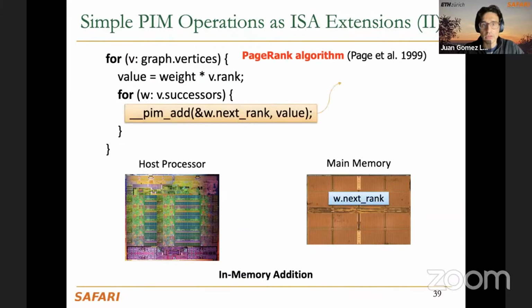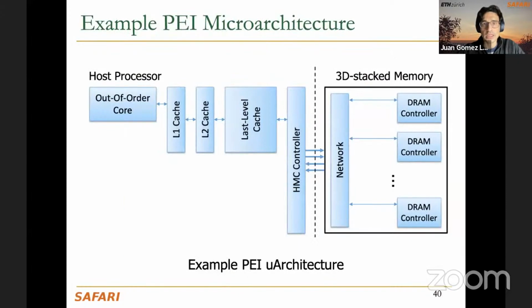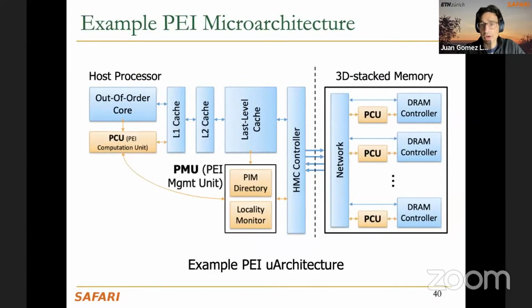And the idea that the PEI paper proposes is to replace these update operations with a specific instruction that is executed on the memory side in a way that we reduce the amount of data movement. For example, for PageRank, we can reduce from 128 bytes in and out of memory to only 8 bytes in to memory.